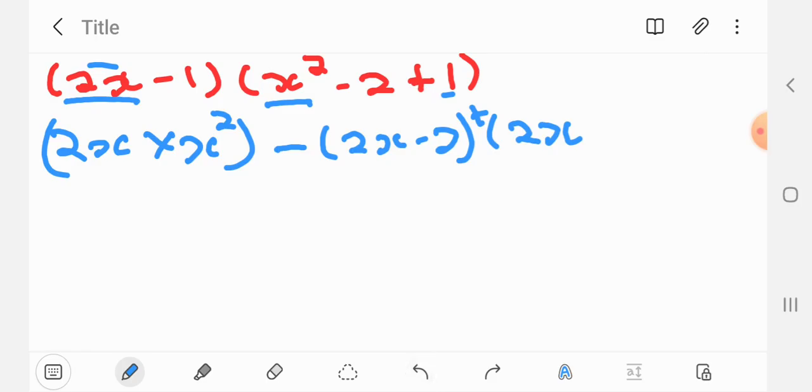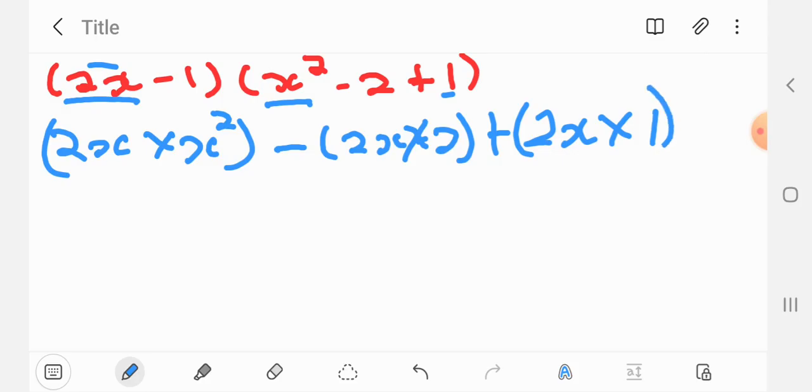Yeah, so we'll have plus 2x multiplied by 1. Here also it's multiplication, sorry. And then we have multiplied the 2 with that bracket.